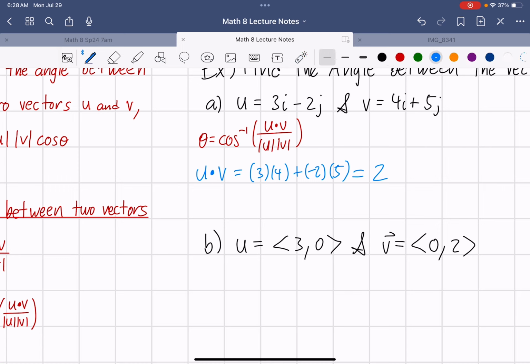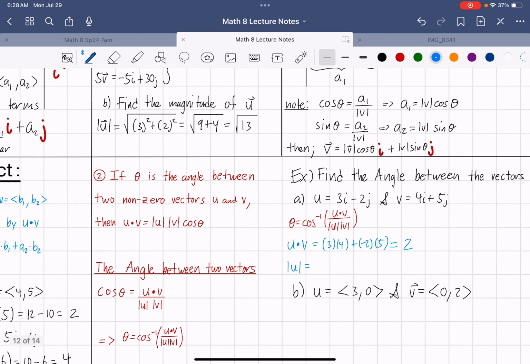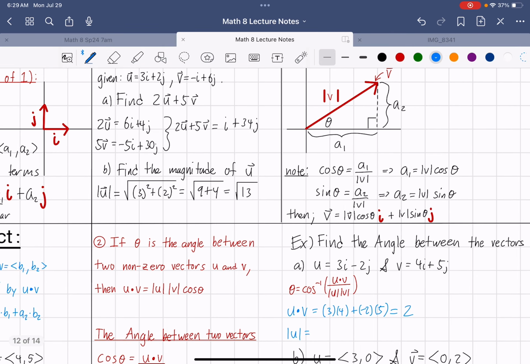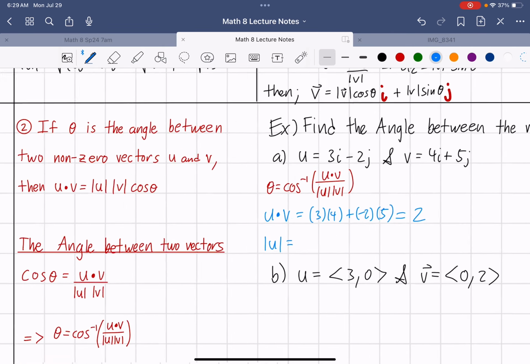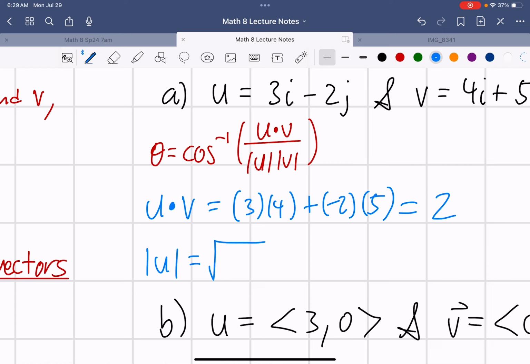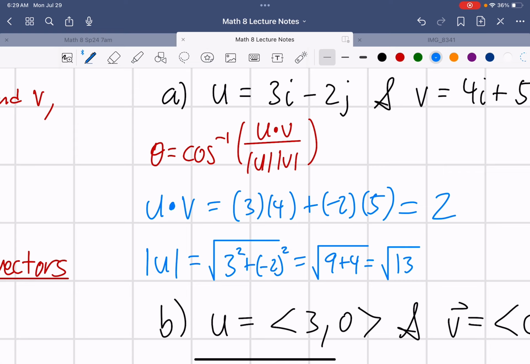Now I have to find the magnitude of each vector. So the magnitude of u, well, we did that. Did we do that? No, that one's a little different. So the magnitude is the square root of 3 squared plus negative 2 squared, which will give us the square root of 9 plus 4, which will give us 13.